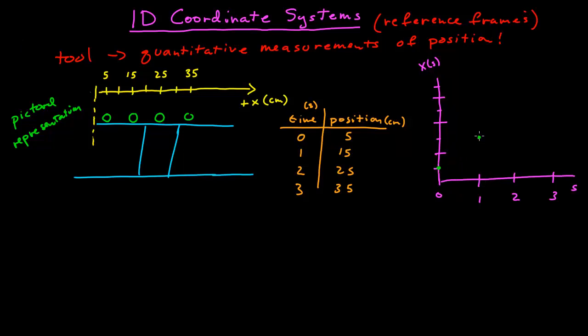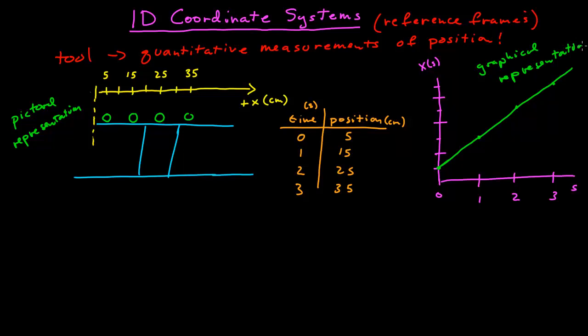At 1, it was 15. At 2, it was 25. At 3, it was 35. And so I see that this was a straight line. This would be a graphical representation.